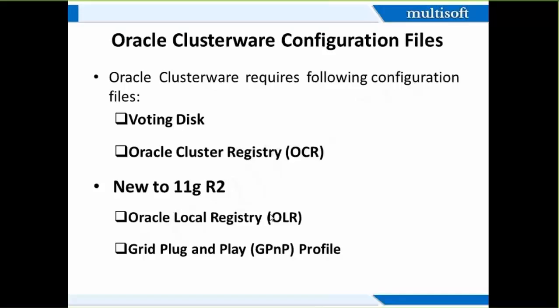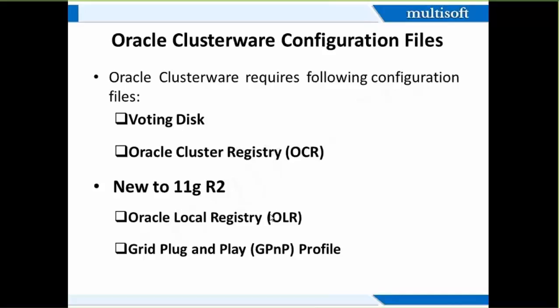If we talk about Oracle RAC resources, they are the database, listener, VIPs, and different services, and any other application you want to run on that particular cluster. As I have mentioned, both OCR and the voting disk must be accessible by all the nodes, so they reside on shared storage.